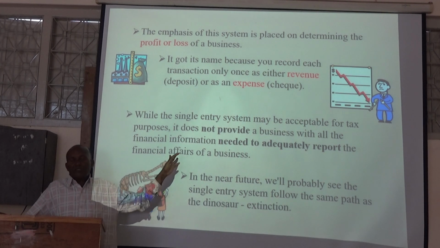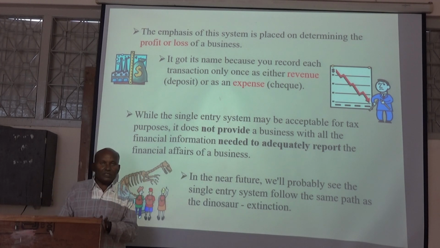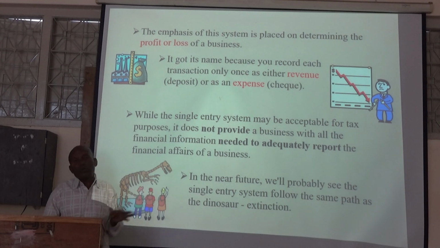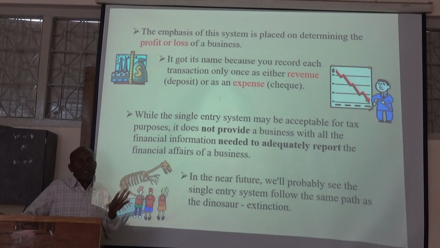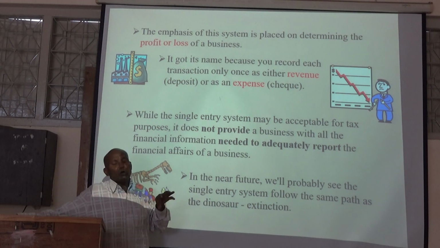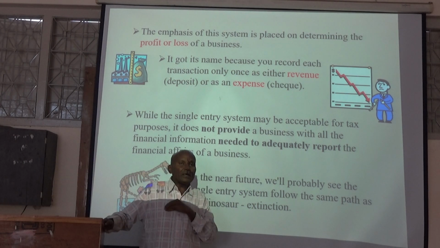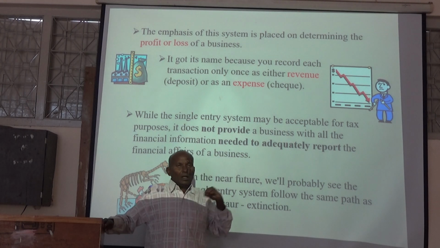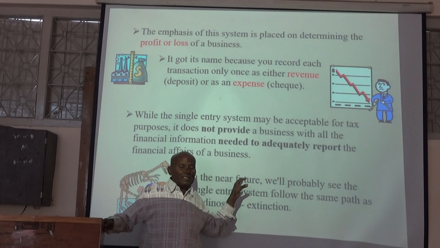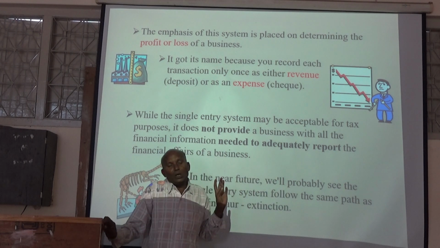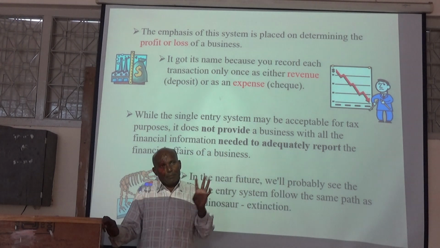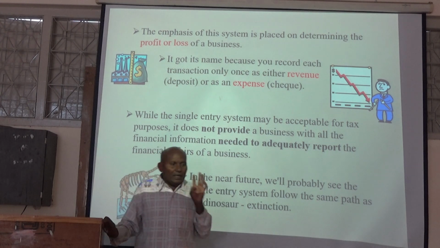Opening assets minus opening liabilities is equal to opening capital. The second step is to find out the closing balance of the capital: closing assets minus closing liabilities is equal to closing capital.